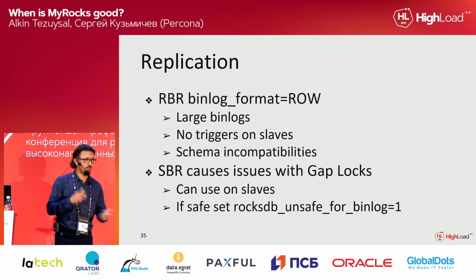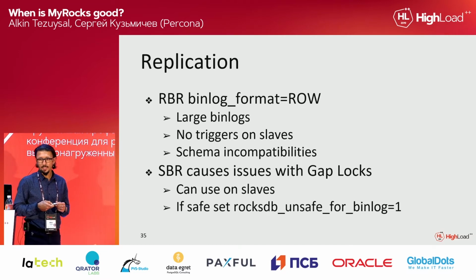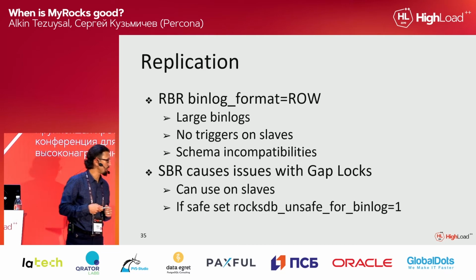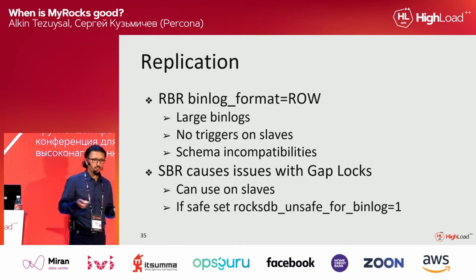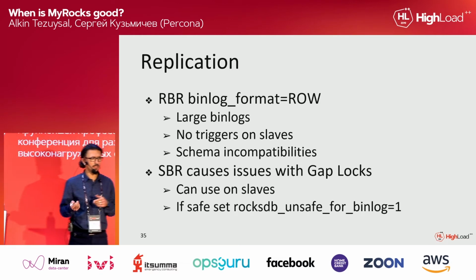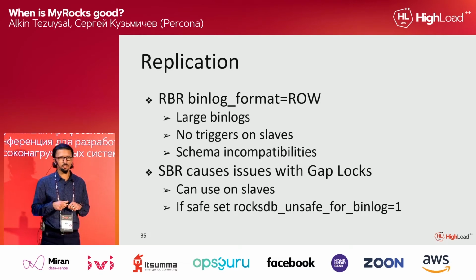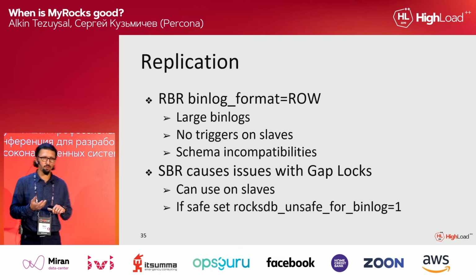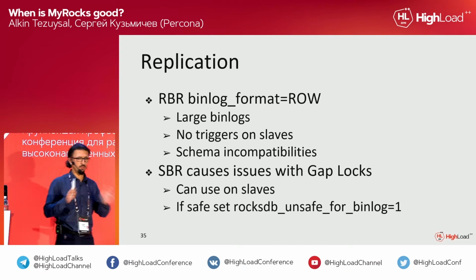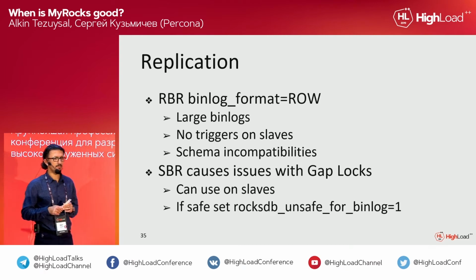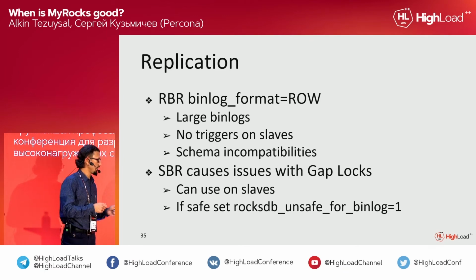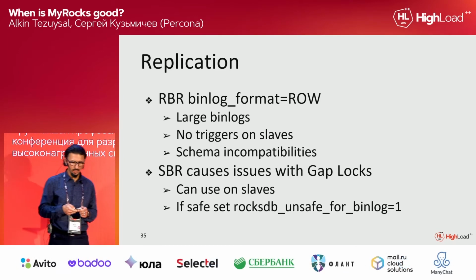So there is a two-sided problem there, which can be mitigated by setting some variables in RocksDB. Facebook has extended information about gap locks and isolation levels. They came up with some workarounds from both sides, the engine side and the application side, to manage that. They detect inconsistencies and report those, and try to handle it within the engine that actually supports it.